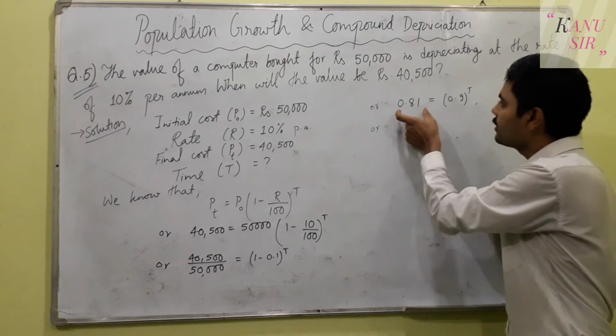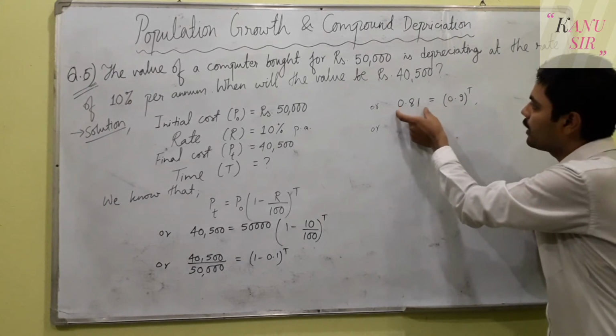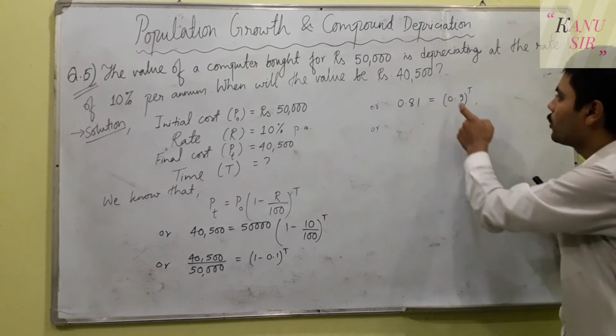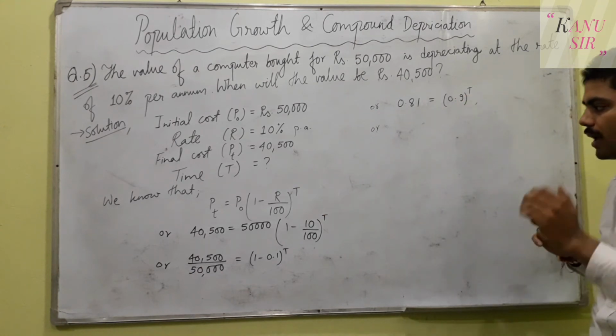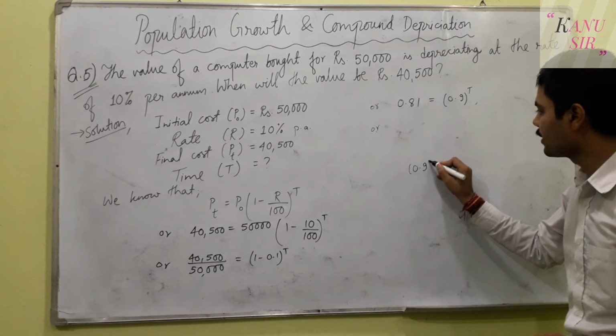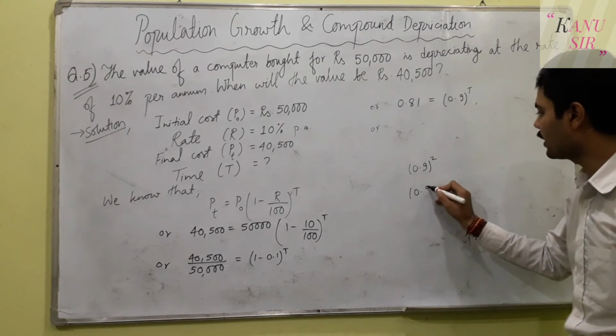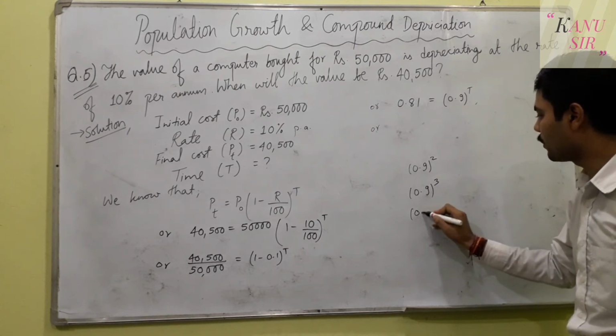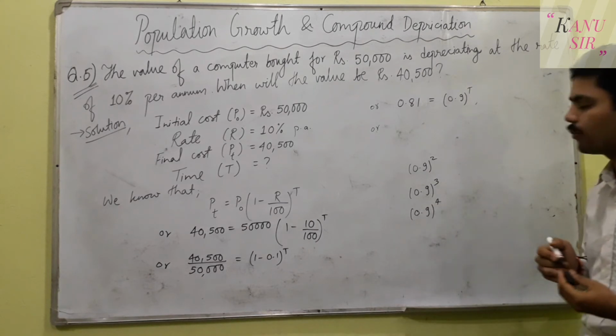Then to find the value of 0.81 in terms of 0.9 to the power something, we have to do some hit and trial method, like 0.9 whole square, 0.9 whole cube, 0.9 to the power 4.